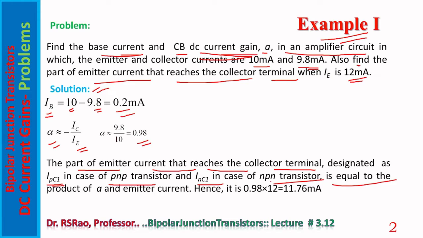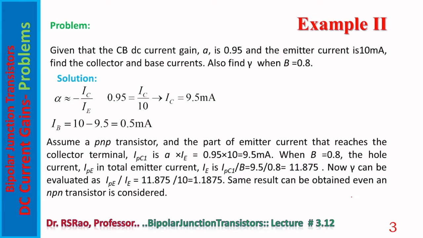This part is equal to the product of alpha and emitter current. Emitter current is available, alpha is available, hence their product 0.98 into 12 can be determined. It turns out to be 11.76 milliamperes. Hence, the complete solution to the problem is obtained.